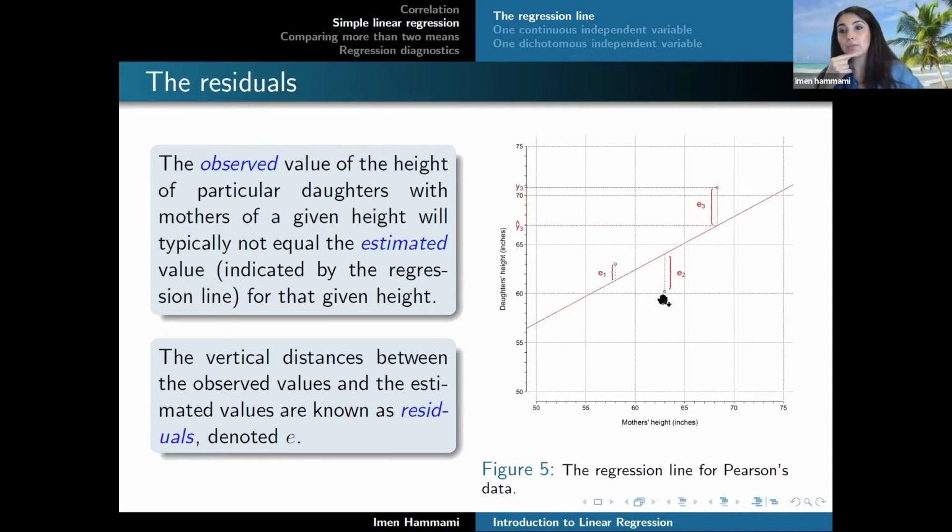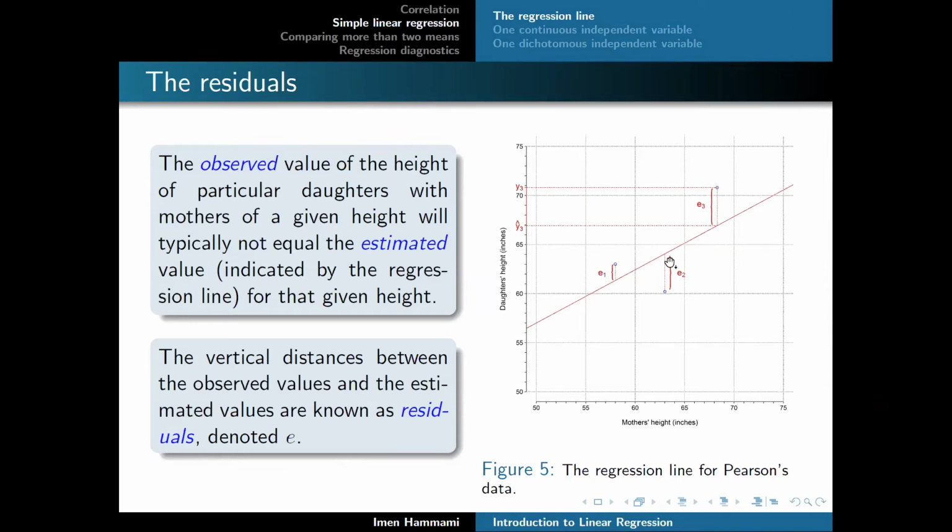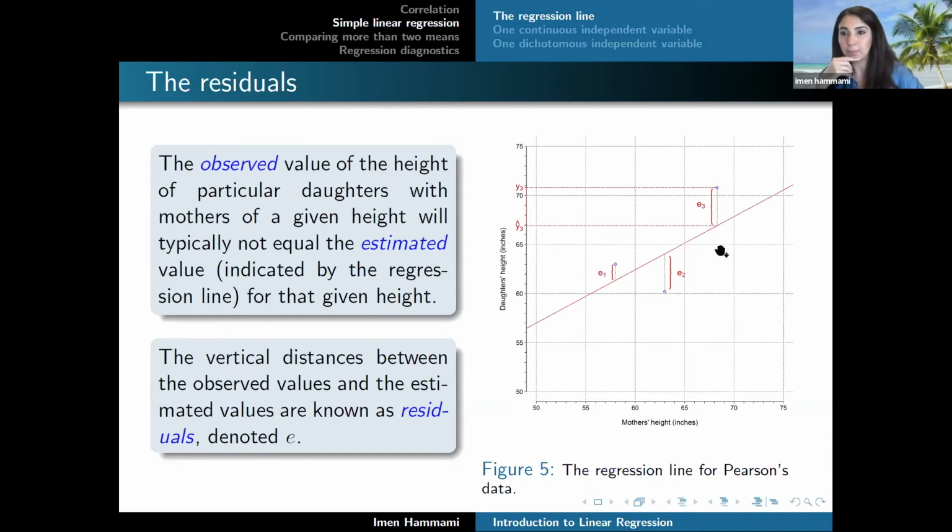Now if I were to use the line to guess the daughter's height, I'm going to read the daughter's height on the line here, and it's going to be 64 something. What does that mean? It means that I'm overestimating the daughter's height using the line. If I look at E3, for example, this is a point that belongs to my data set.